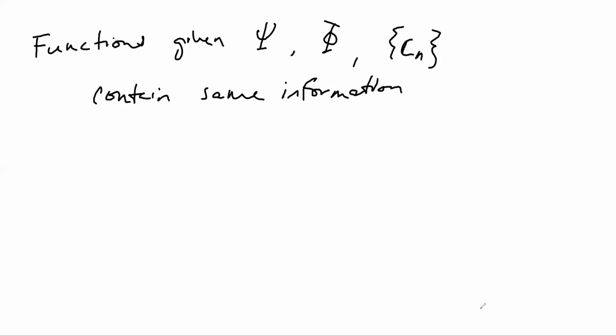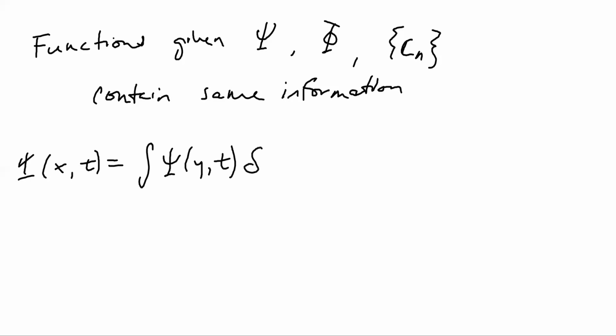So one way we've said that is that if you've got one, like our wave function psi, we can do a transformation of that using this trick to get to our momentum space wave function that we called phi, right?